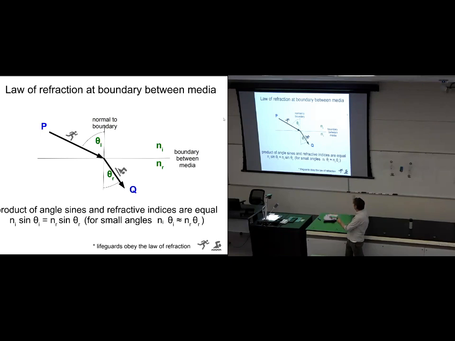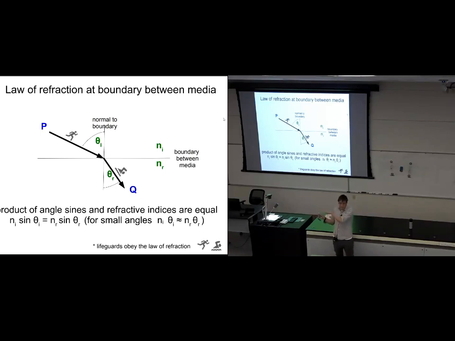So Snell's law, this law here, is equivalent. It specifies the path that takes the shortest time to get from P to Q. Now notice, not a straight line. That would be the shortest distance.